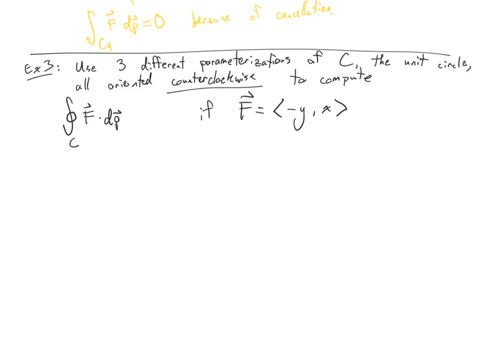Now, minus y, x is the rotational vector field that moves counterclockwise. So if I draw C in green, the C looks something like this.